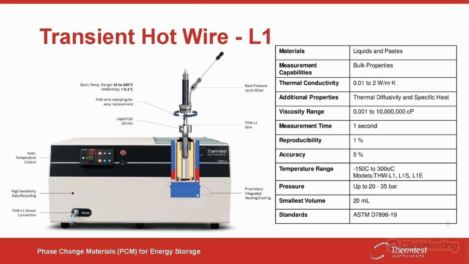And the last model with a wider temperature range, the THW L1E, for temperatures from -150 to 300 degrees. These low temperatures below 100 degrees can be reached with a liquid nitrogen system. The volume of the sample is 20 ml, and as I mentioned earlier, it follows an ASTM standard.